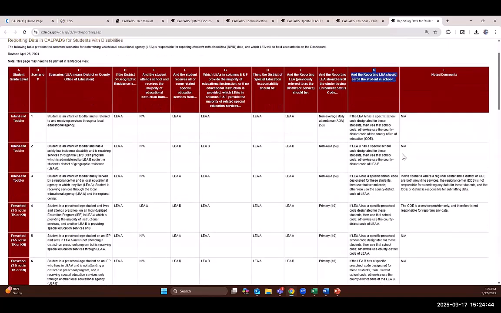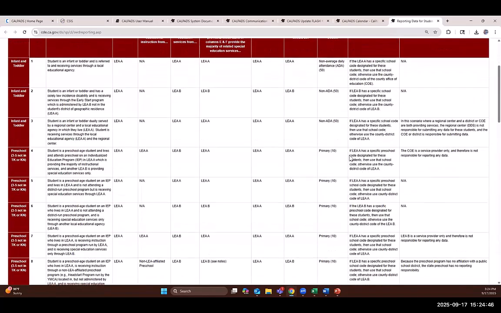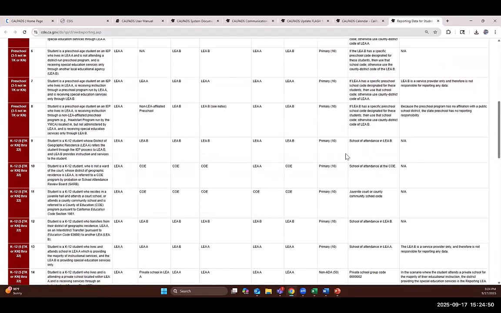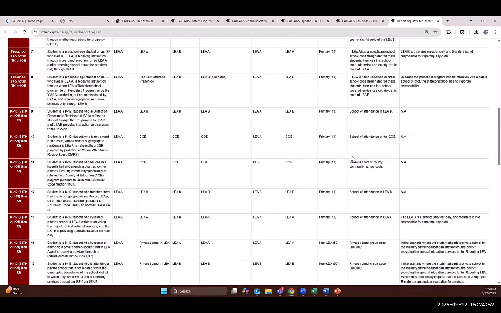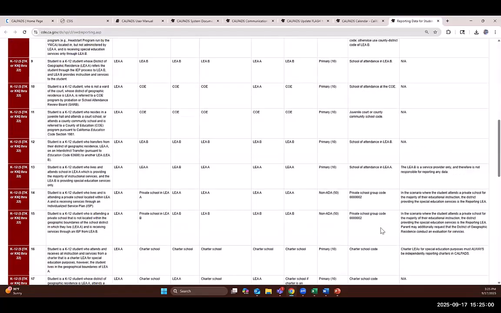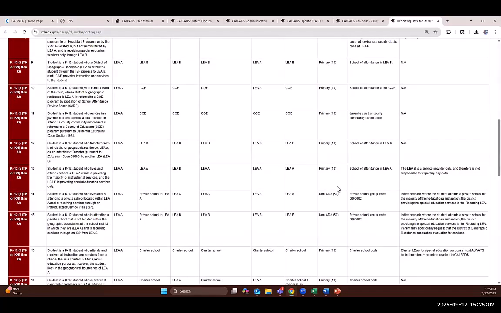like row K through 12, adult 21, but that's just the first example that I could find. I'm just using the verbiage there that if the LEA has a specific school code designated for these students.